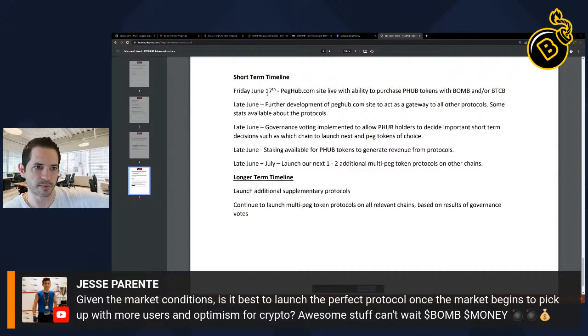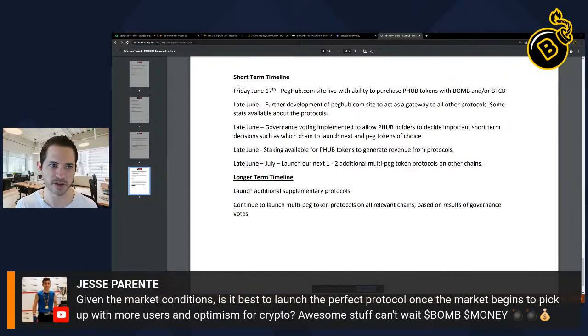And as long as we can build value and we can generate interest in what we're doing, then people will be able to grow their bags for when the market turns around. So I think now is probably as good of a time as ever to build your bags, because you really want to have that big bag when the market turns around. So while we might be off to a stronger start if we were to launch in a bull market, we've got to work with what we got, right?